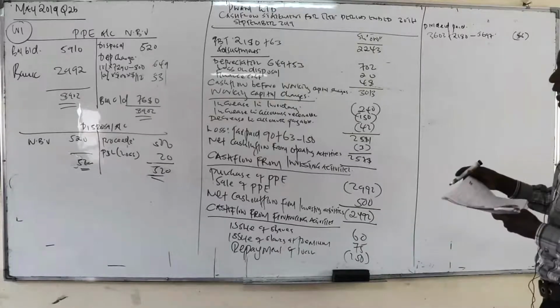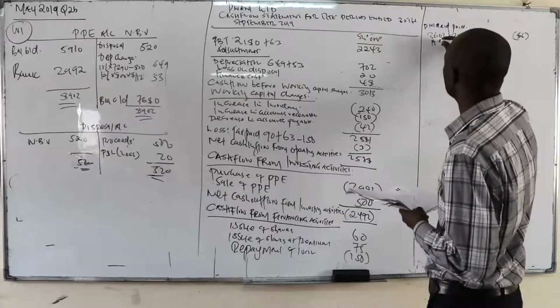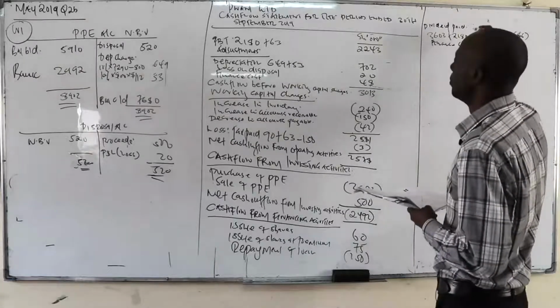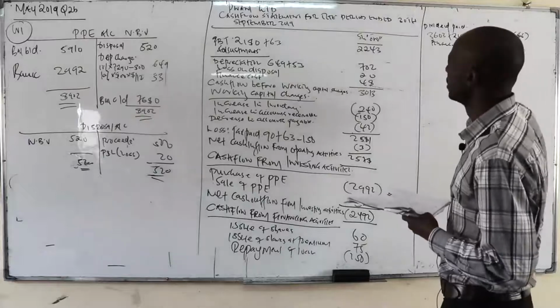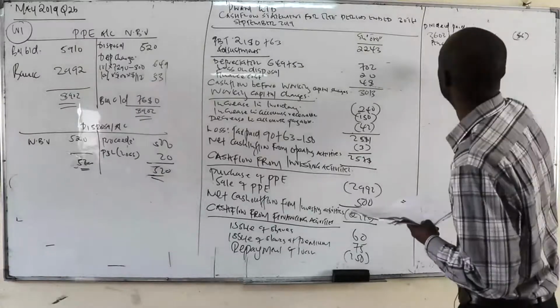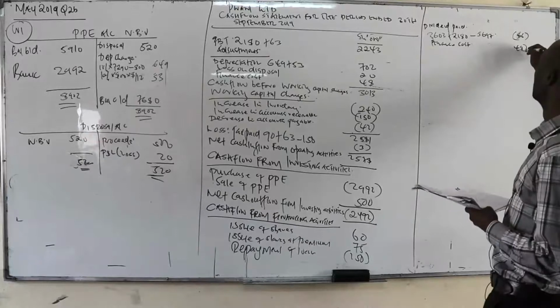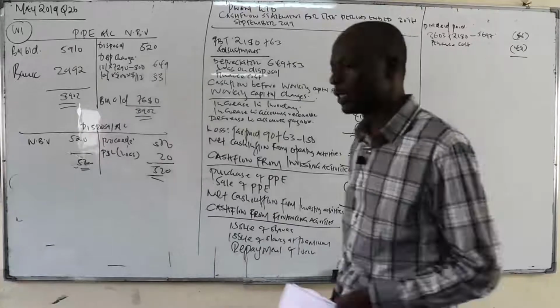Then we have finance cost. Finance cost, how much is it? It was 48. So you add there, here you subtract. And then now you add those figures.